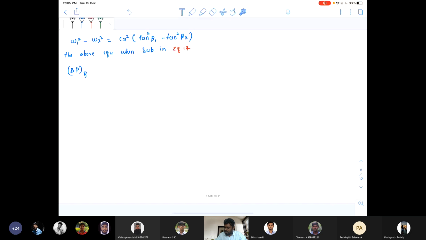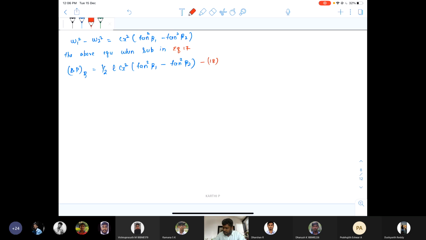Therefore the equation will take the form delta PR is equal to 1 by 2 times rho into Cx square into tan square beta 1 minus tan square beta 2. This W1 square minus W2 square has been substituted in equation number 17, and you will get this equation. Consider this equation as equation number 18.